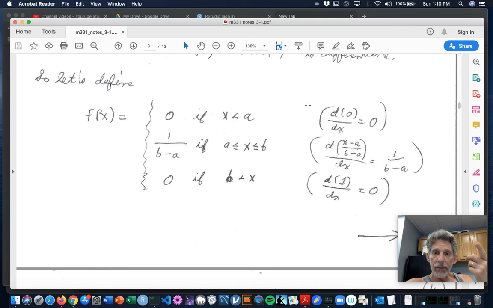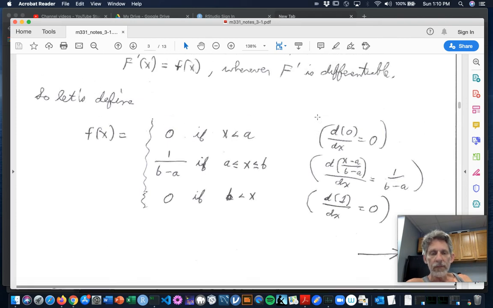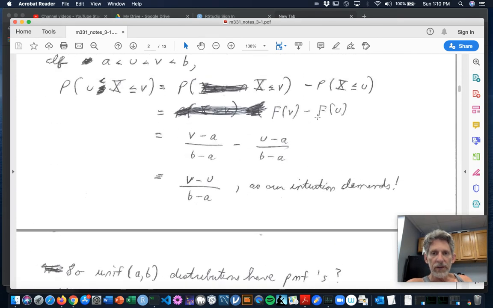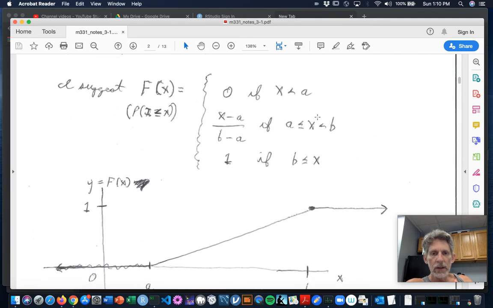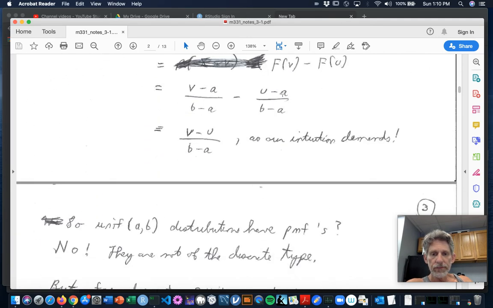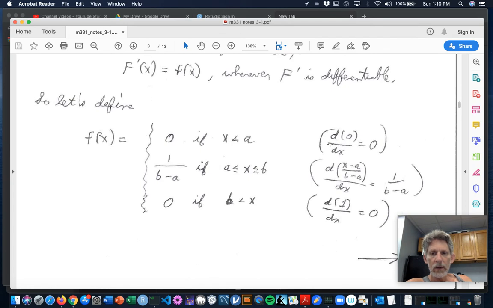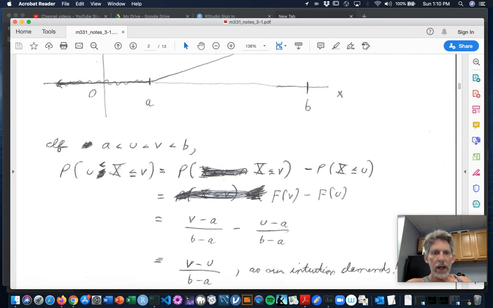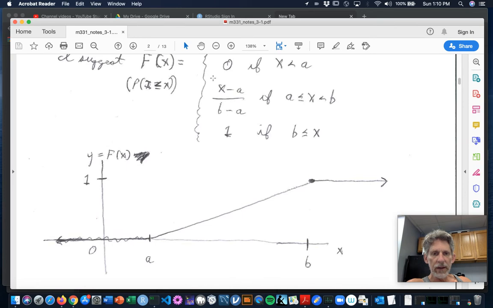Let's think about how capital F is working. Capital F was supposed to be 0 for x less than a. Well, the derivative of 0 with respect to x is 0, so I'm doing a good job there. And capital F was supposed to be like this between a and b.